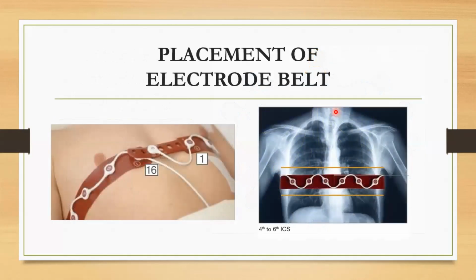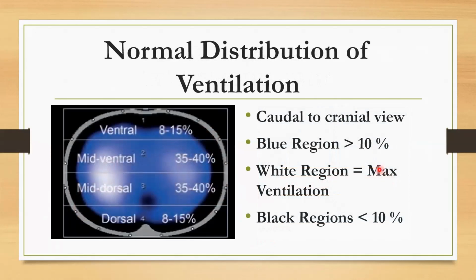So here's the belt, and they say to put it between the 4th and 6th intercostal space, and that's about 2 inches below the armpit of the patient. This is the normal distribution of ventilation. There's a template that goes all around on the screen to give you a perspective of what you're looking at. So this would be the vertebrae and this would be the sternum.